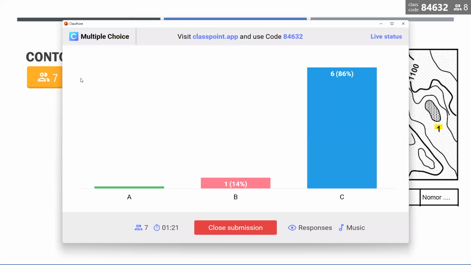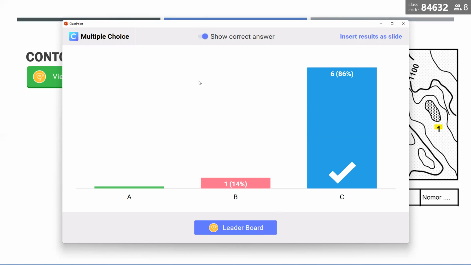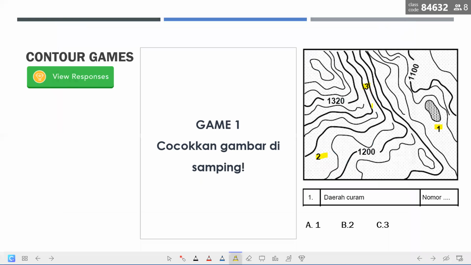Alrighty then. Most of you chose C. One of you chose B. Nobody chose A. Okay, I'm going to close submission. So the correct answer would be C, of course. So C is number 3.